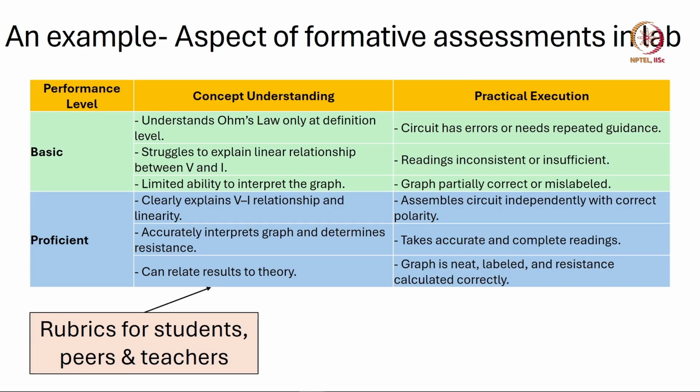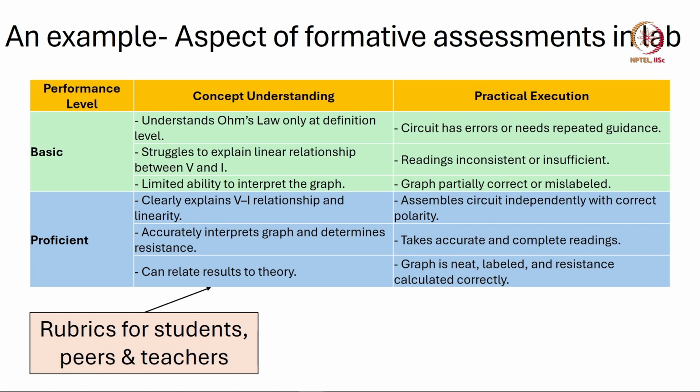For example, we exactly know the blue color row is basically defining the proficient level, while the green color represents the basic level. Now, if you are communicating this particular rubric to the students, to the peer, teachers already have it. In this case, even students are very aware about the expectation, right? They are aware that if I'm able to clearly explain the voltage-current relationship and why that linearity exists, probably I am at the proficient level.